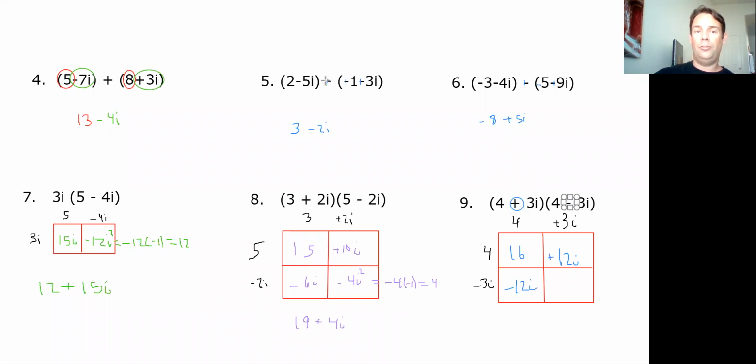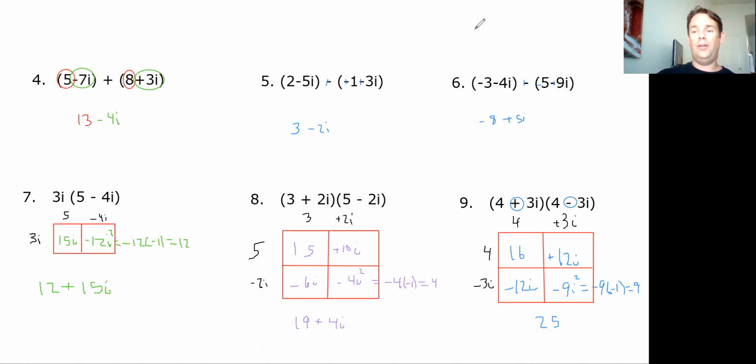Just like with radicals, if we're multiplying two conjugates, the imaginary number would go away, just like the radical went away. Imaginary numbers also go away. So negative 9 times negative 1 is a positive 9. So it turns out that's just going to be equal to 25. If they're conjugates, they go away.